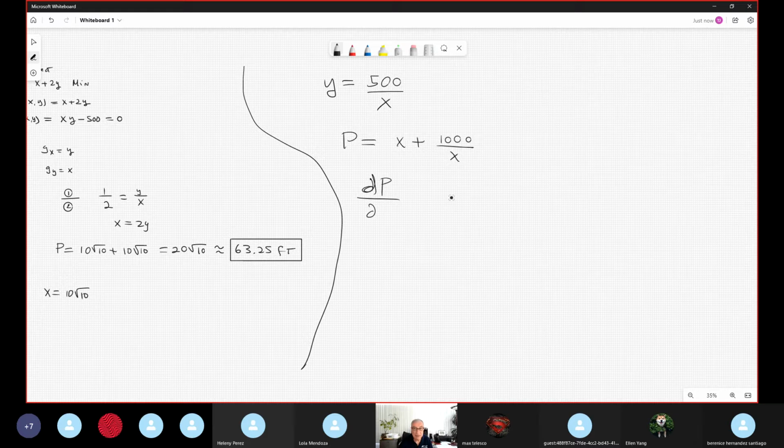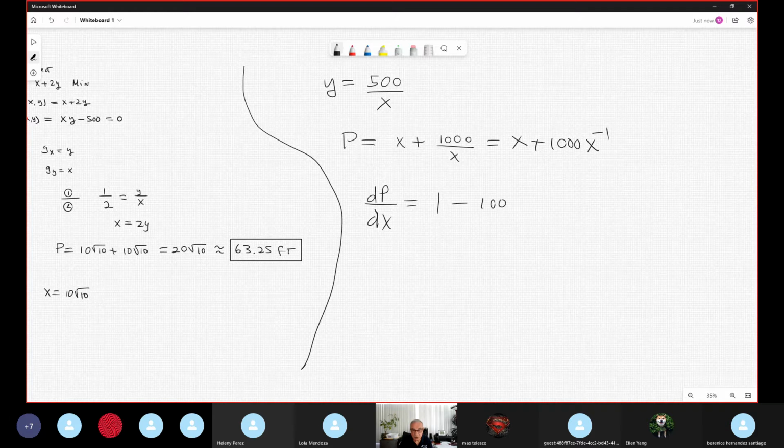Well, the derivative of this is 1, and of this, let me make sure que yo apply the power rule, ¿no? Entonces es minus 1000 x to the minus 2, equal to 0.